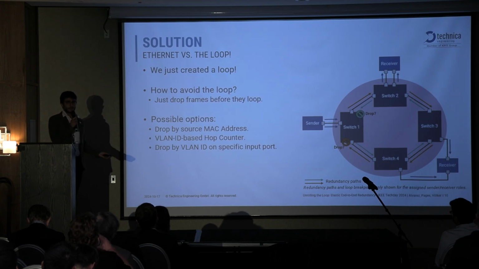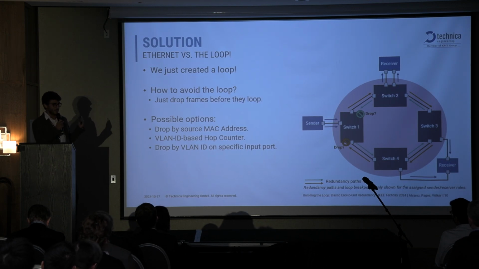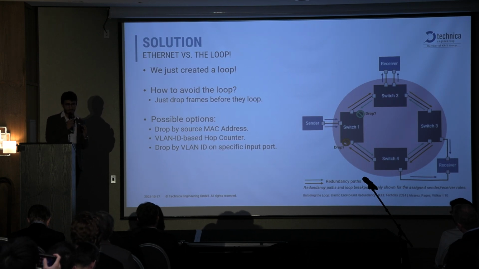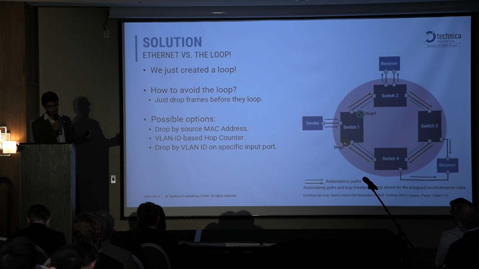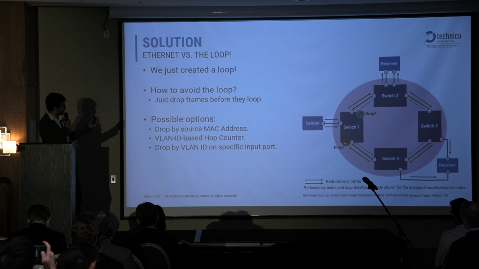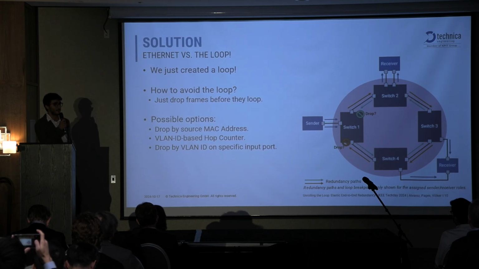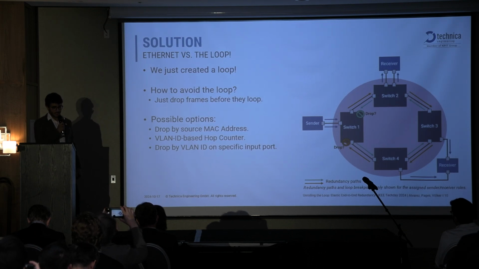So, I know what many of you must be thinking. So we just created a ring, and therefore we have a potential loop in our system. So in order to prevent our frames from looping in this ring forever, over and over, we need to design a way to drop the frames after they travel through the whole ring and are back at the origin switch.